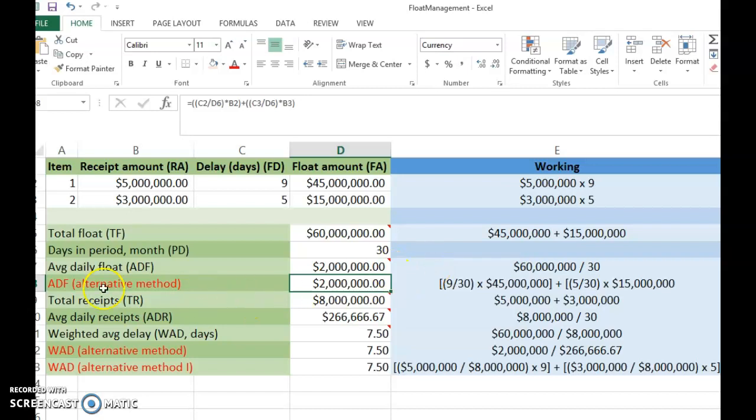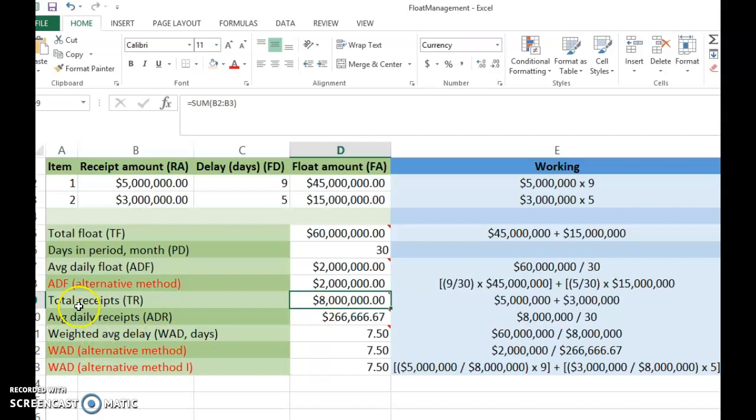Alright, then you compute the total receipt. How do you compute the total receipt? Simply this plus this. There are 2 receipts here, therefore n is 2. This is I1, this is I2. Therefore 5 plus 3 million equals 8 million. This is the total receipt over 30 days.